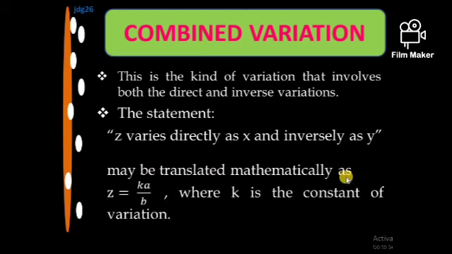And this can be translated mathematically as Z equals KX over Y. Okay, so Z equals K, which is the constant of variation. Yung direct, tingnan nyo mabuti ha, yung word na directly or varies directly, siya yung kasama ng K, nakamultiply sa K sa numerator, at ang inversely, ang ilalagay niya sa denominator.